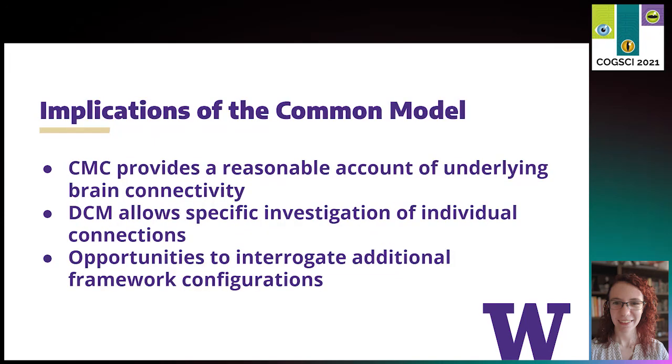And then more broadly, this project fits into a more general project aimed at exploring the common model and how it is able to provide a reasonable account of underlying brain activity, and that using the common model as a structure through which to do dynamic causal modeling analysis of brain activity gives us the opportunity to really interrogate the intricacies of how this underlying structure of cognition is constructed.